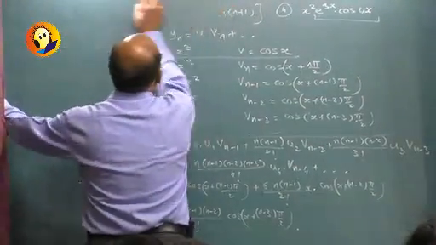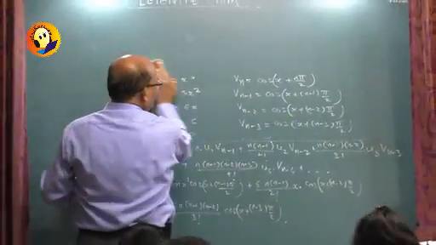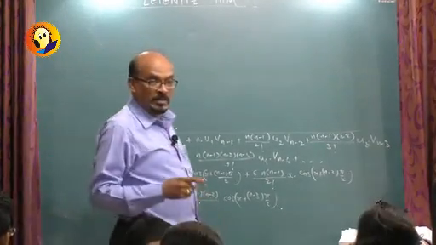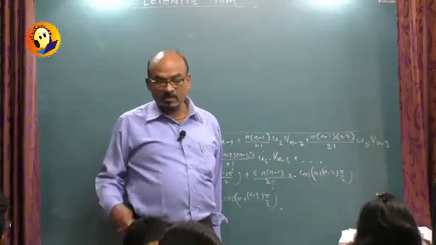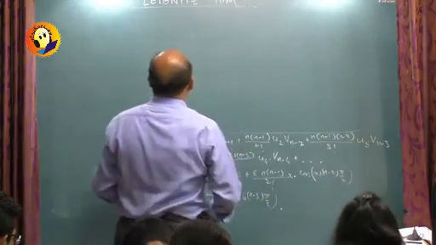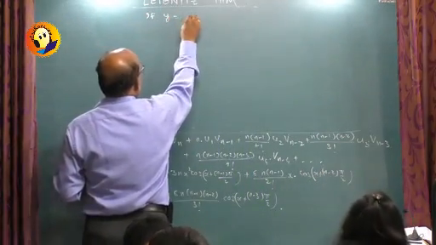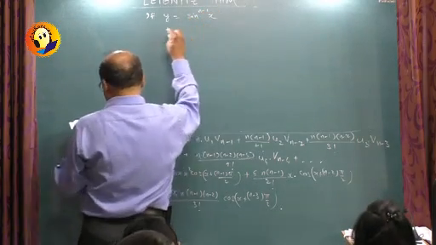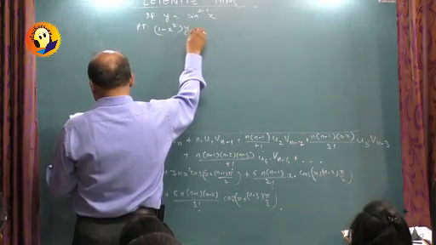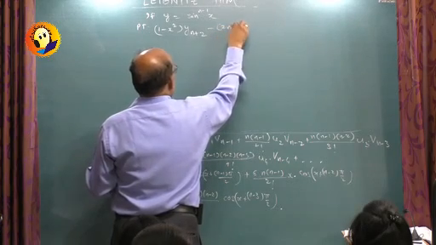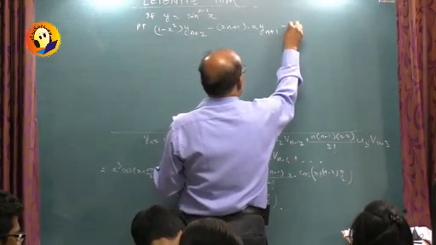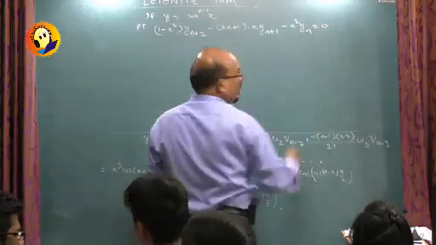But the next type, which is an application of it: if you recall, on the very first day we started with something involving y1, y2, etc., on successive differentiation, when there was nothing like nth derivative. But now the question will go like this: if y is equal to sin inverse x, prove that (1 minus x square) y(n plus 2) minus (2n plus 1) x y(n plus 1) minus n square yn is equal to 0.